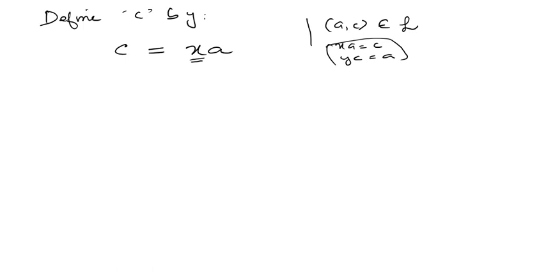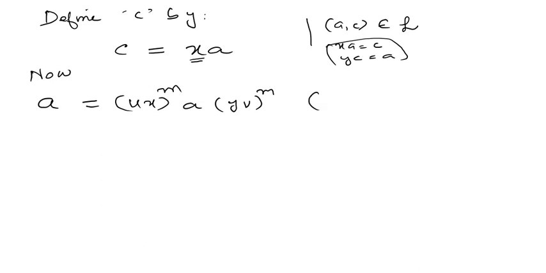So let's calculate A now. A is equal to ux power m. Because it's true for every n, in particular for n equal to m in second. Then we have yv power m by second, taking n equal to m.